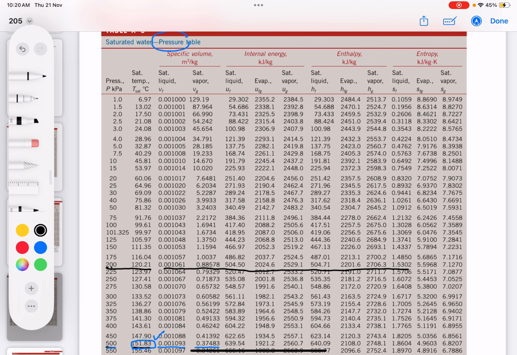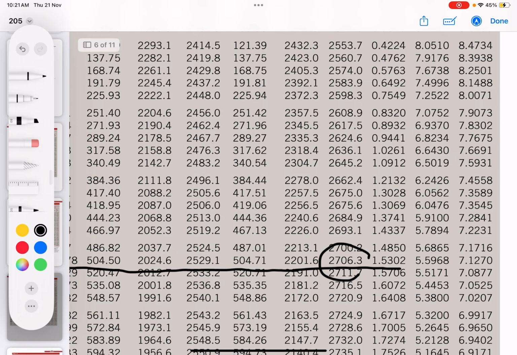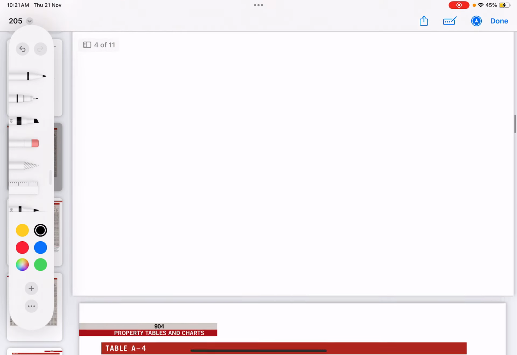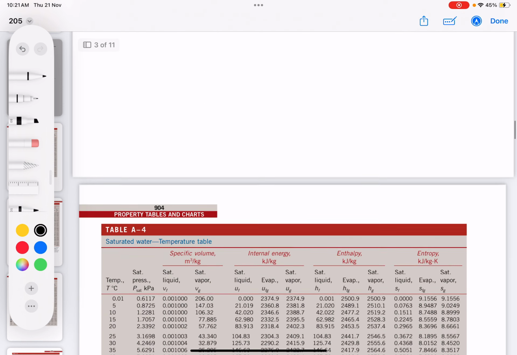Yes, we can read from here. The enthalpy should be 2706.3. So it's going to be 2706.3 minus Hf at 40 degrees Celsius.